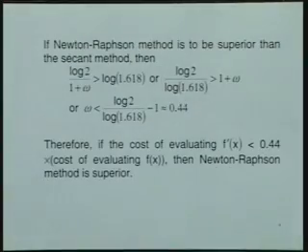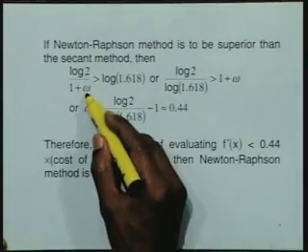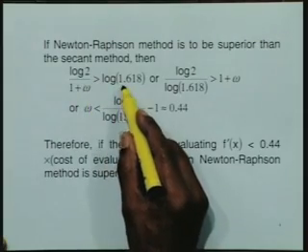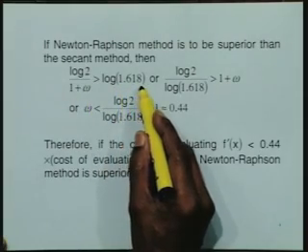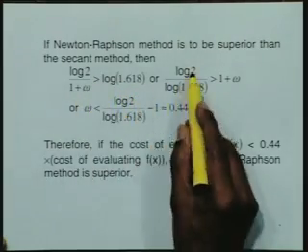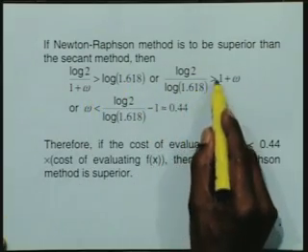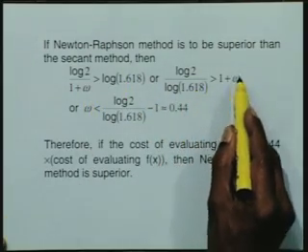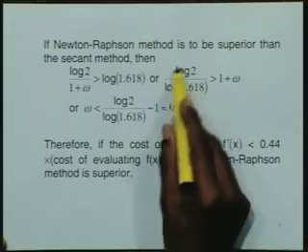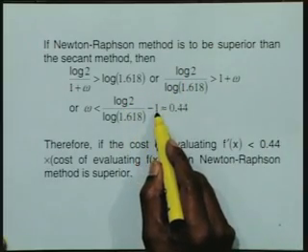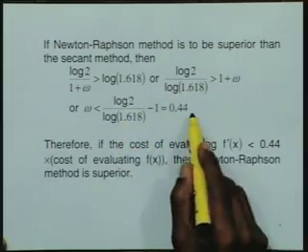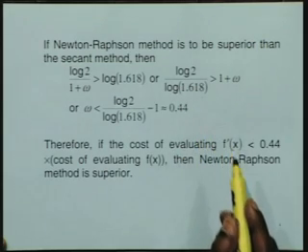So we should have the logarithm of 2 divided by 1 plus omega greater than the logarithm of 1.618. Let us simplify this. The logarithm of 2, I bring it to this side, is greater than 1 plus omega, or omega is less than this quantity minus 1. If I just evaluate this, I get it as 0.44.